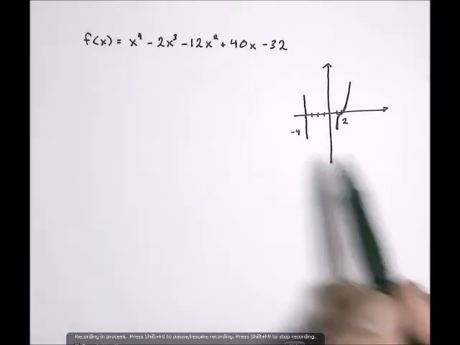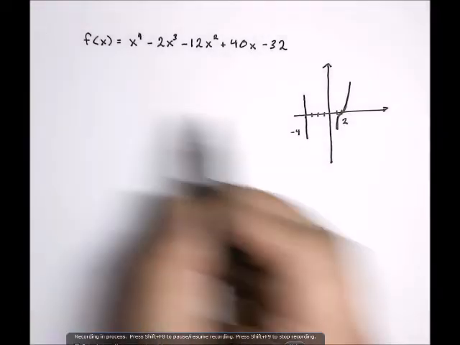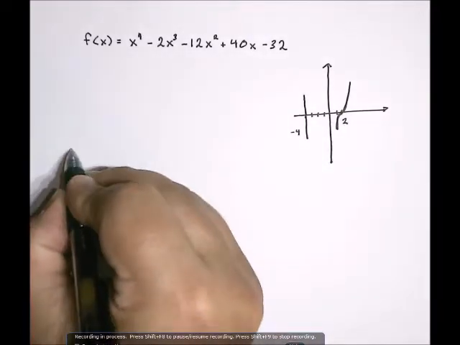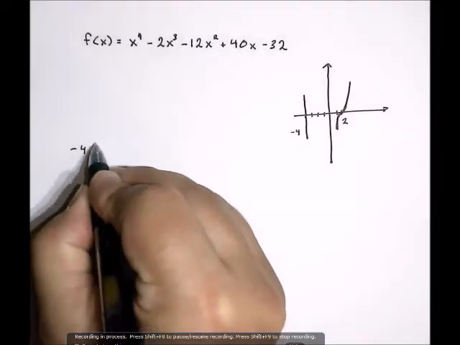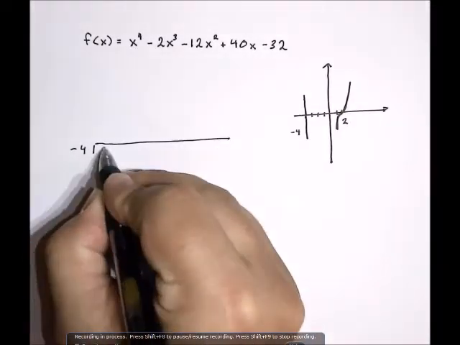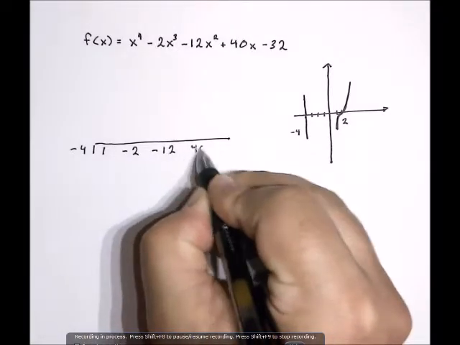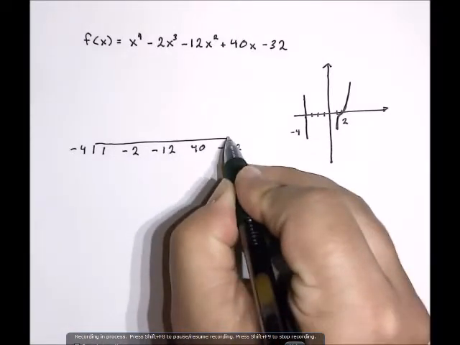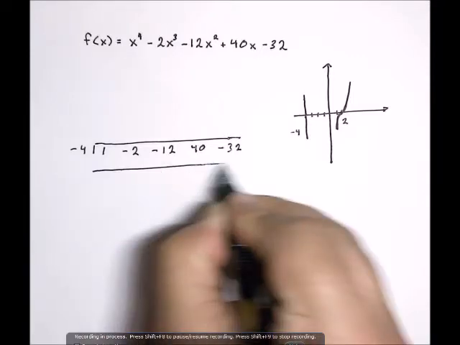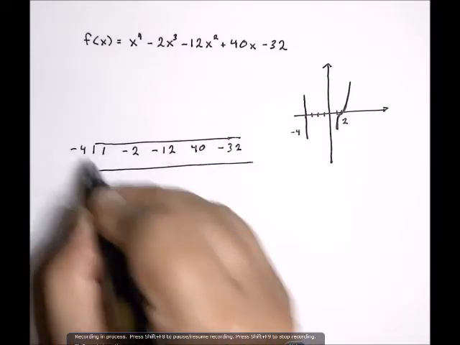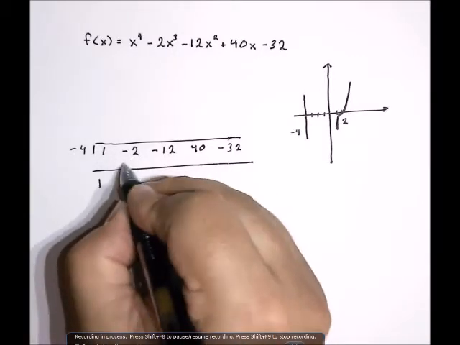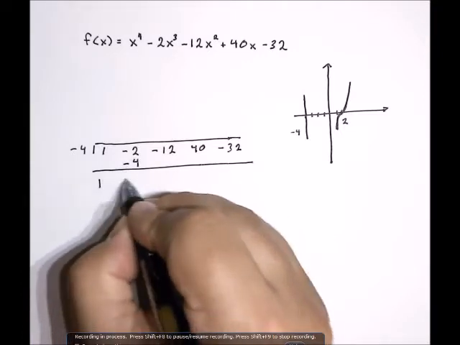Let's start by pulling out the -4. So let's pull out the -4 with synthetic division. And see what happens. So I bring the 1 down, multiply by -4 and bring it up here. Add them together.